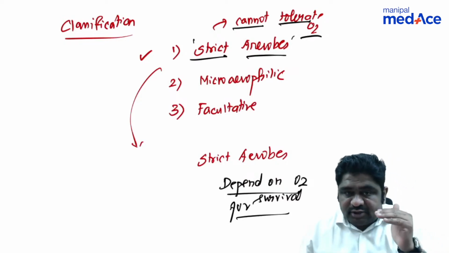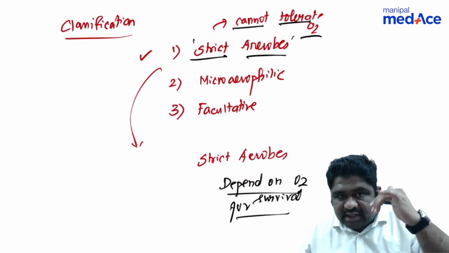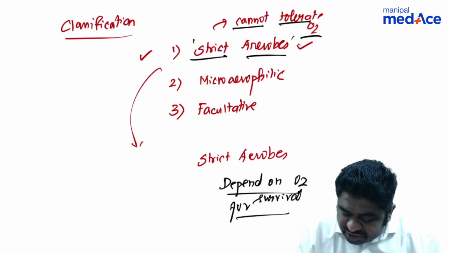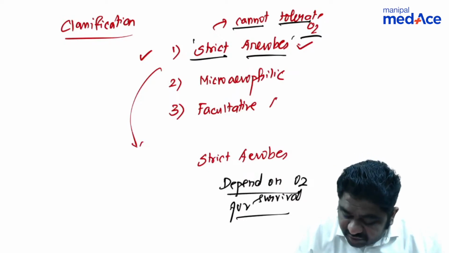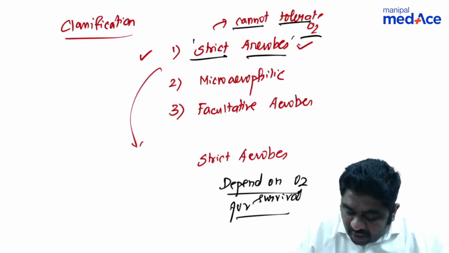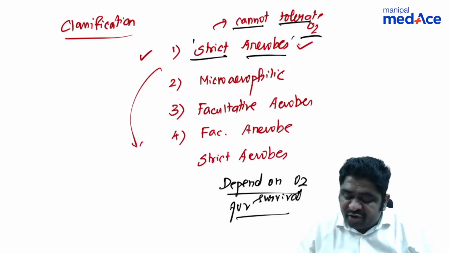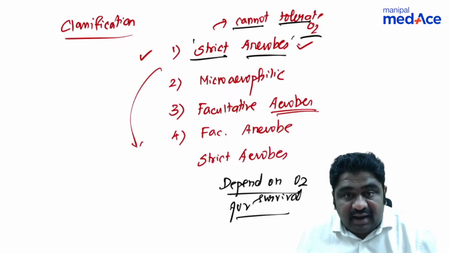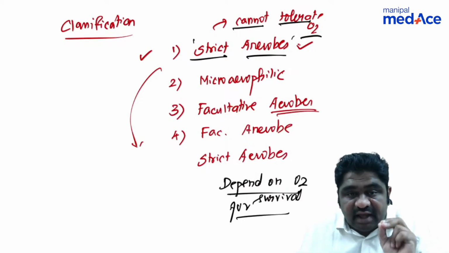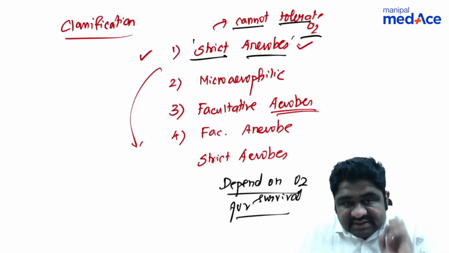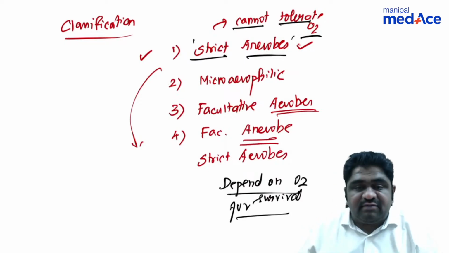From strict anaerobes, the next group of organisms were facultative aerobes, and the next group were facultative anaerobes. Remember, facultative aerobes are less aerobic than facultative anaerobes.